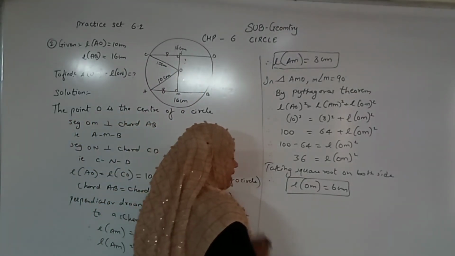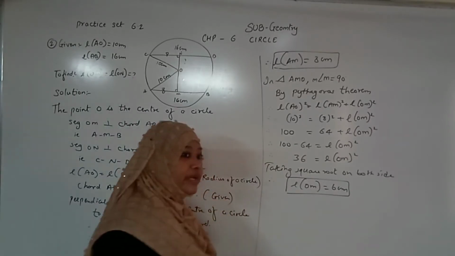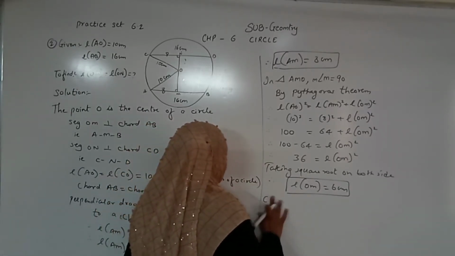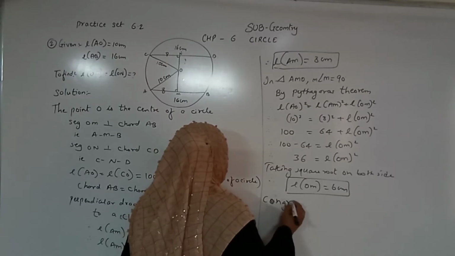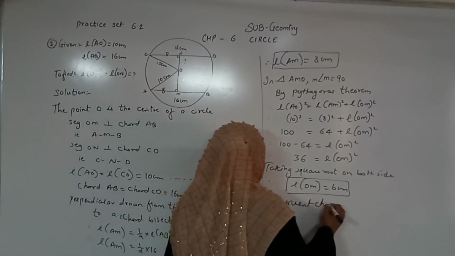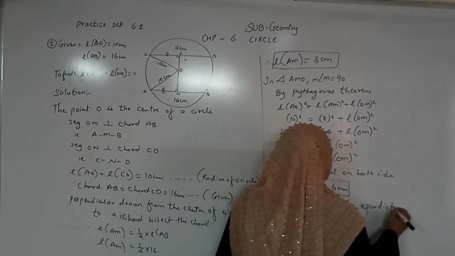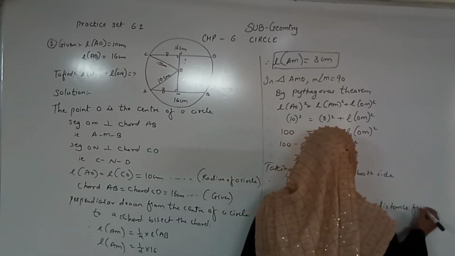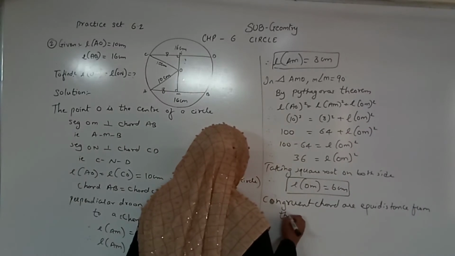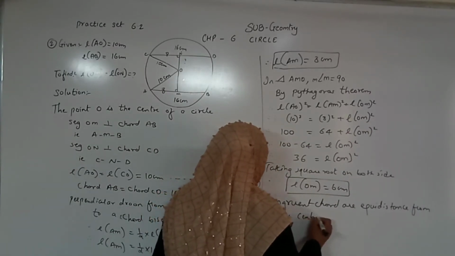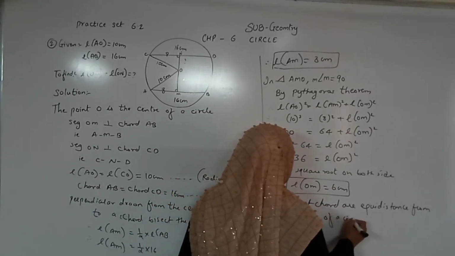So what are we going to write? Congruent chords are equidistant from the center of a circle.